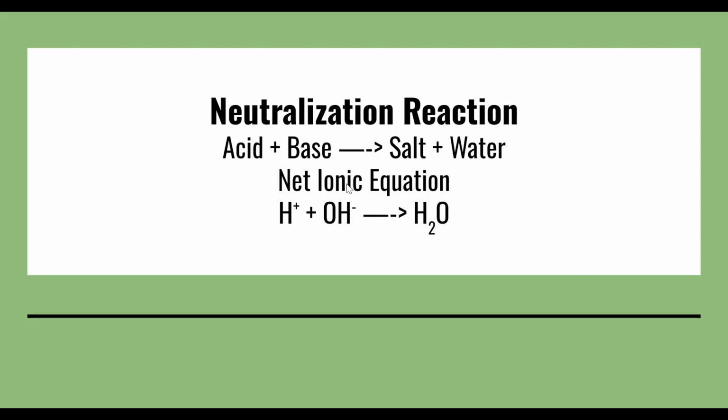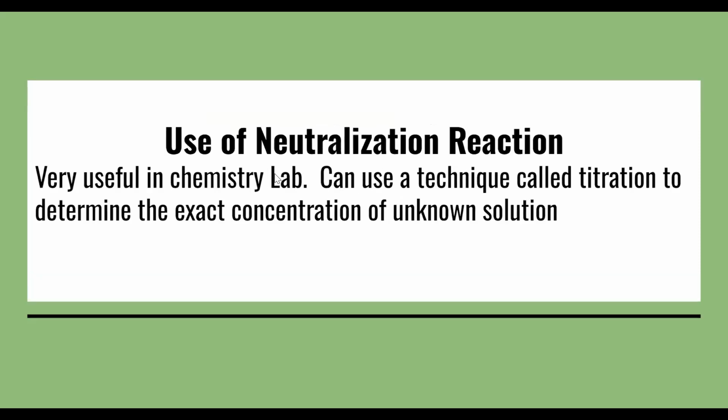In labs, if you remember, when you do lab, if you do something that is really acidic or basic, you neutralize it before you dump it in the sink. Neutralization reaction. We use neutralization reaction a lot. You use it a lot in chemistry lab, with a technique called titration to determine the exact concentration of an unknown solution.